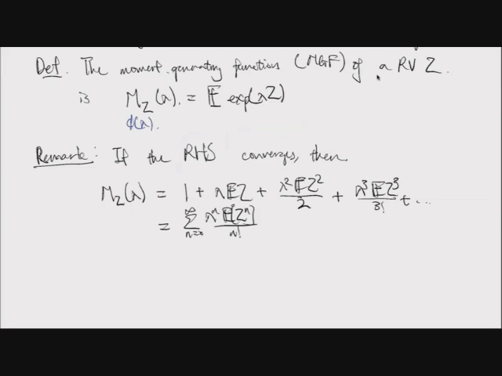And this is sort of why this is called the moment generating function. The moments are going to be the coefficients of each of the nth powers of lambda in this sum. And the further fact is that if I differentiate the moment generating function and set lambda to be equal to 0, I'm going to get E of z.